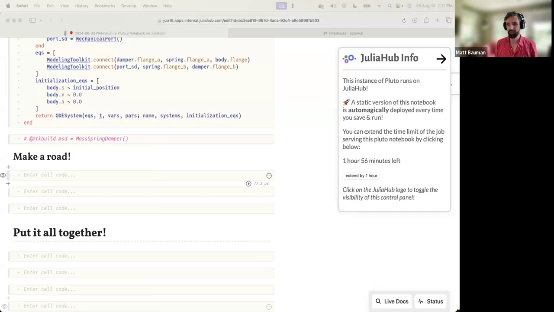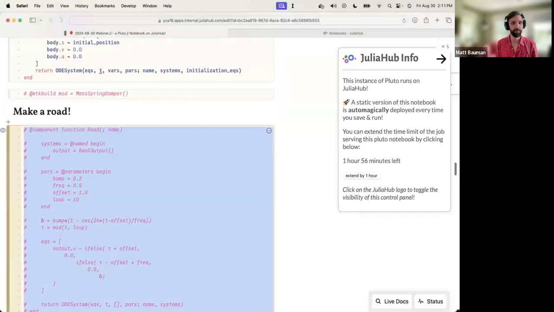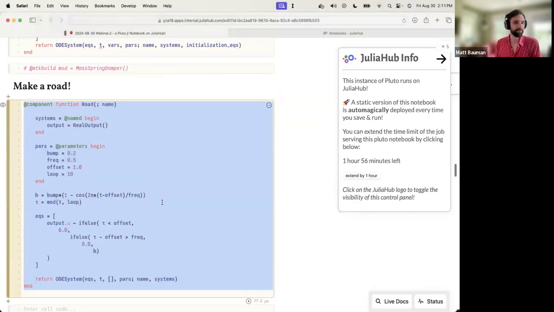And I'm just going to copy paste what I have here just to make sure that I don't mess it up and move along a little bit here. But this is one way of doing a system where we have an algebraic way of defining what some value is going to be in our component-based modeling system.